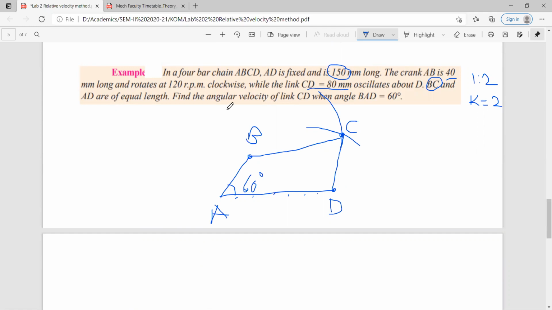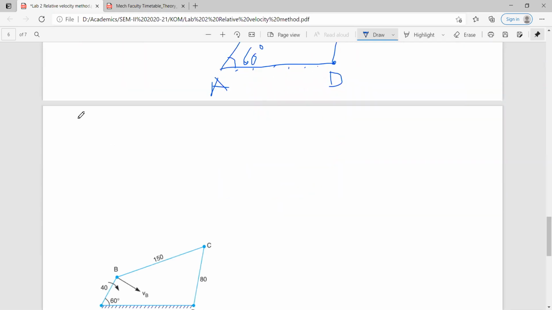regarding the velocity. So here it is given that crank AB, this crank is rotating 120 rpm clockwise. Okay. So what is given to us is the RPM of link AB. It is given as 120.